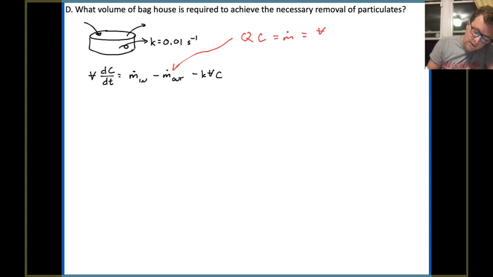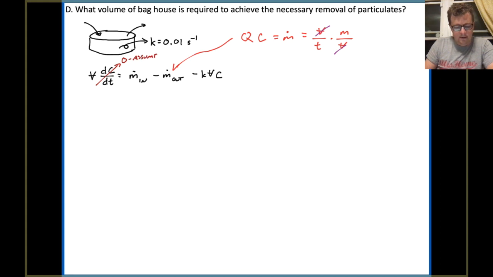It is a volume per time multiplied by a mass per unit volume, or a mass per time. And we're going to assume that this is at steady state, so we'll zero out the left-hand side.